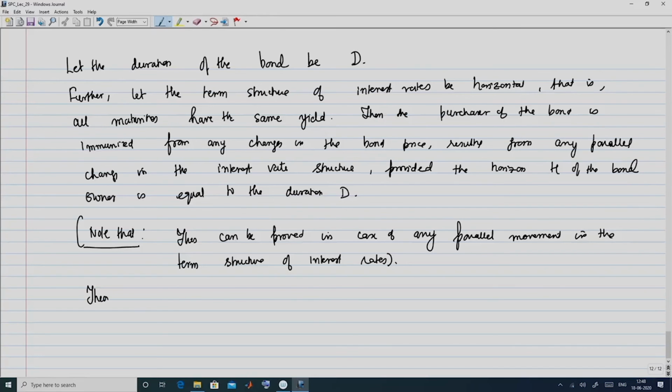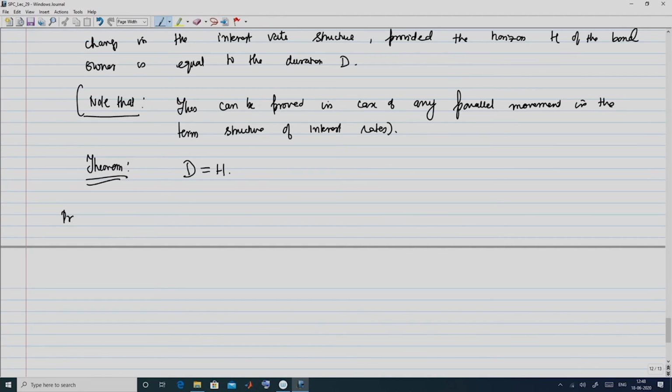So, we now state the theorem; the statement of the theorem is very brief, that D is equal to H. So, let us start off with the proof of this theorem.